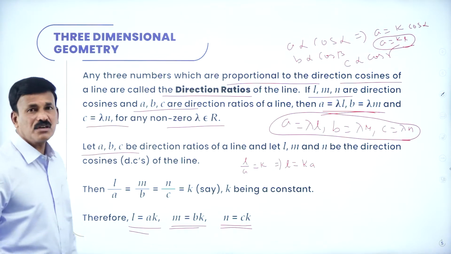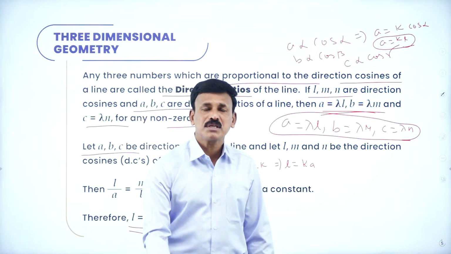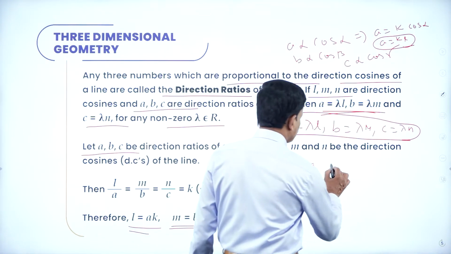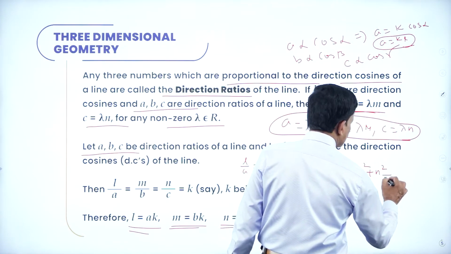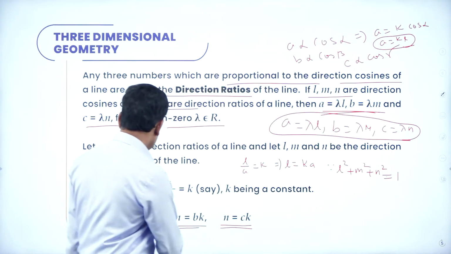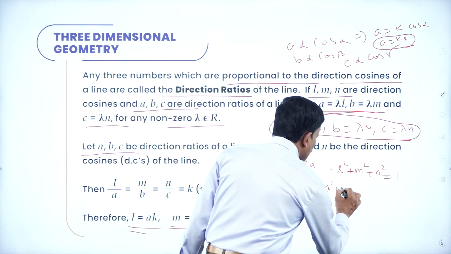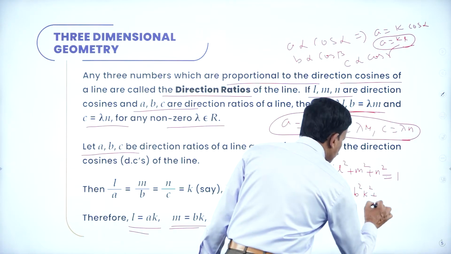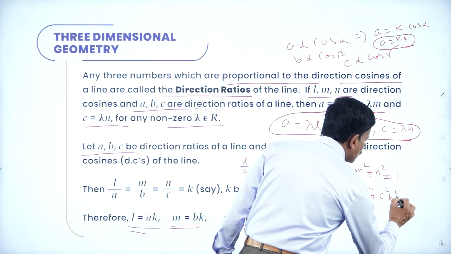Now let us find the value of l square plus m square plus n square. We know that l square plus m square plus n square is always equal to 1. Substituting, we get a square k square plus b square k square plus c square k square is equal to 1.